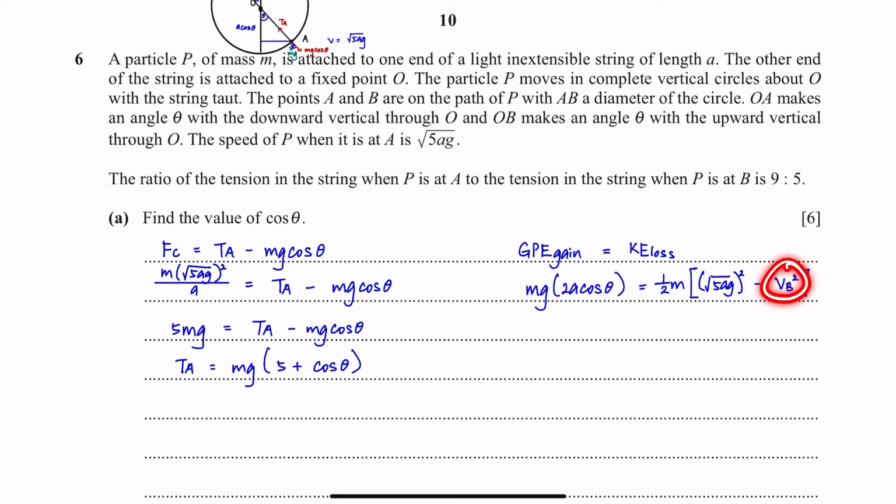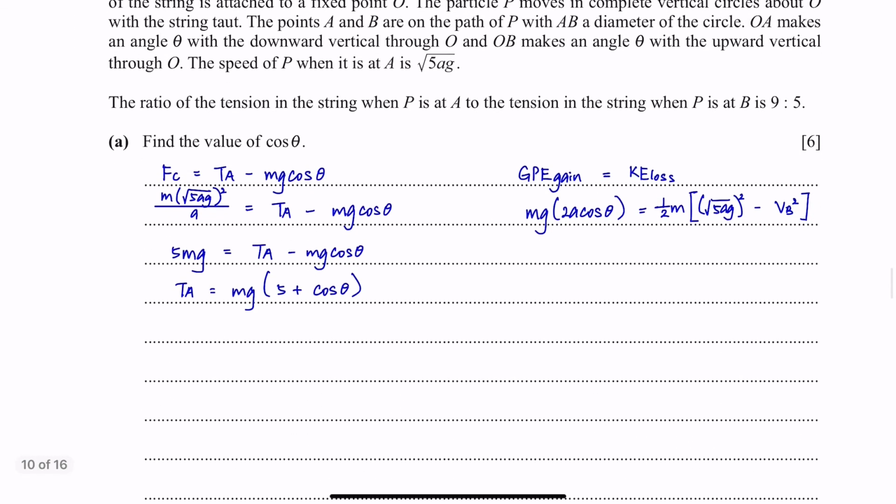And vb squared would be the one that we have to find later. So now we simplify this thing. We can cancel off the m. And we have 2ag cos theta equals to half times 5ag minus vb squared.